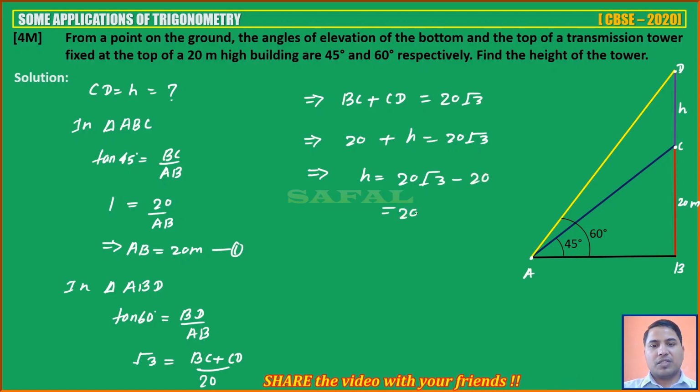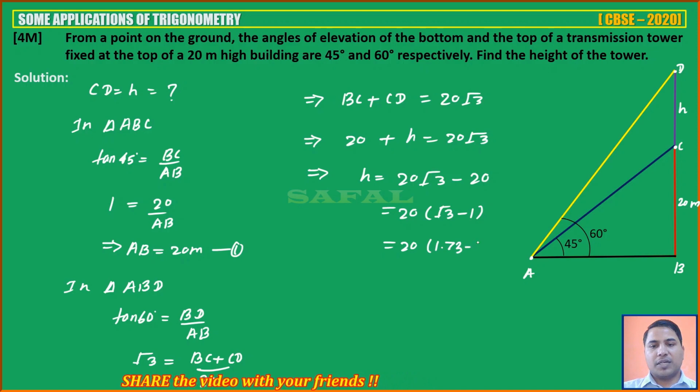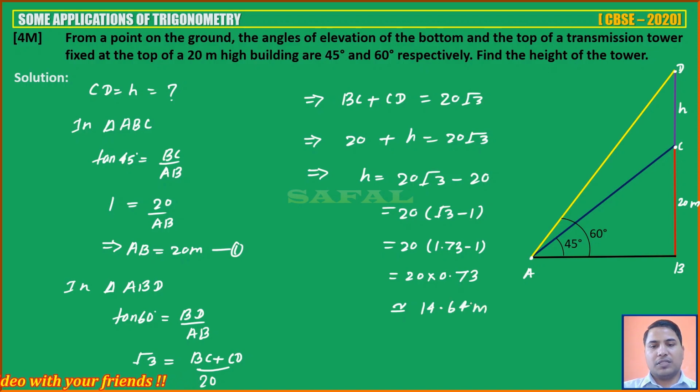Maybe you can simplify by taking 20 common: root 3 minus 1. Now you can substitute the value: 1.73 minus 1, so 20 into 0.73. This value comes approximately 14.64 meter. So the height of the transmission tower above the building was what?